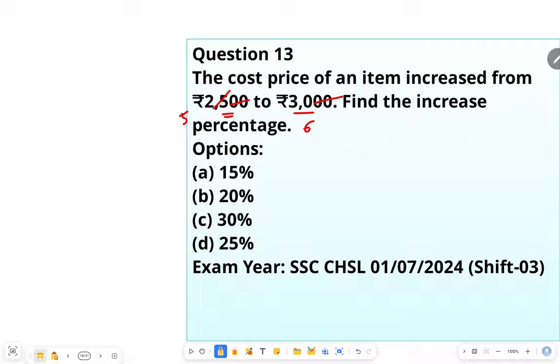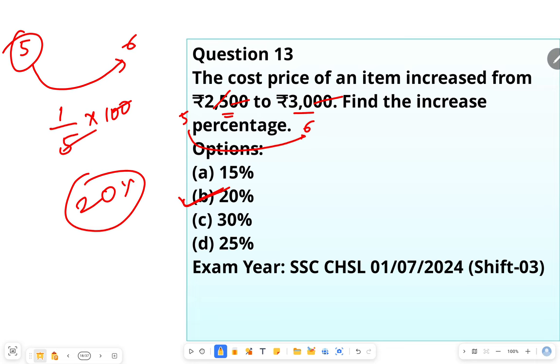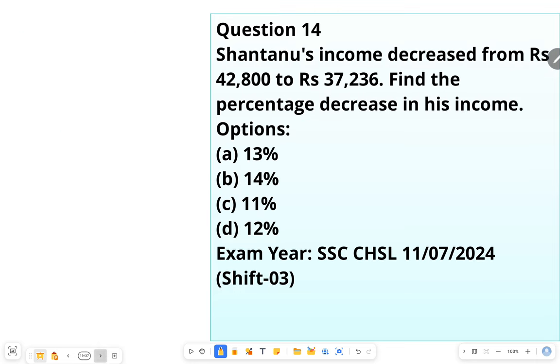Find the increase. How much did it increase? 5 and 6. It increased by 1, and upon what? There is an increase of 1 on 5. So 1 on 5, that means in 100 how much will it make? 20%. You understood?